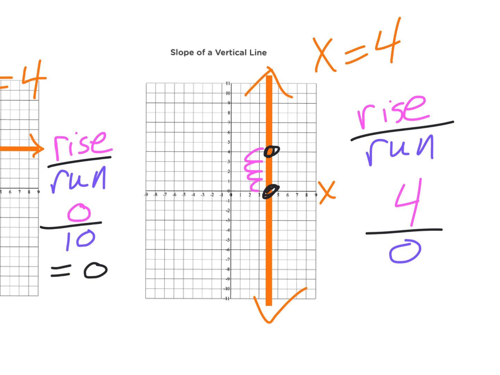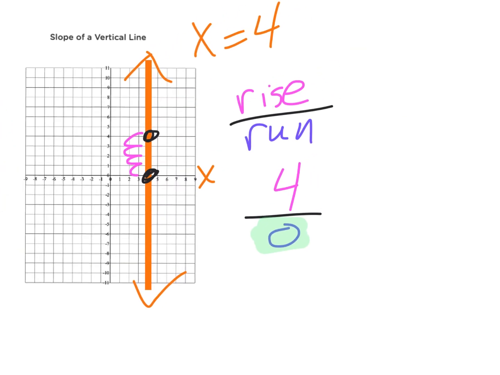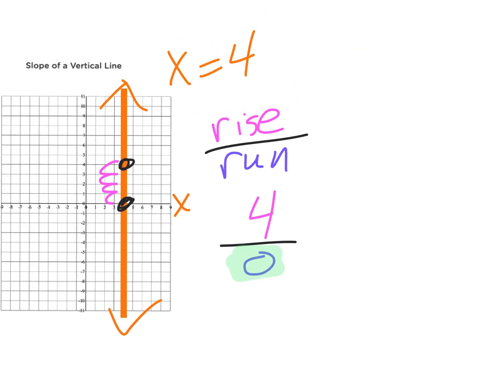Now you would think that 4 divided by 0 would be 0, but it's actually not. There's a video I'm going to attach here that explains why you can't divide by 0. It's kind of outside of the scope here, but you can't divide by 0.